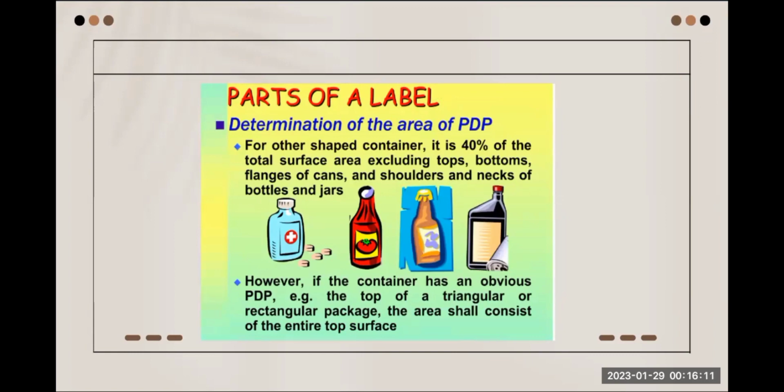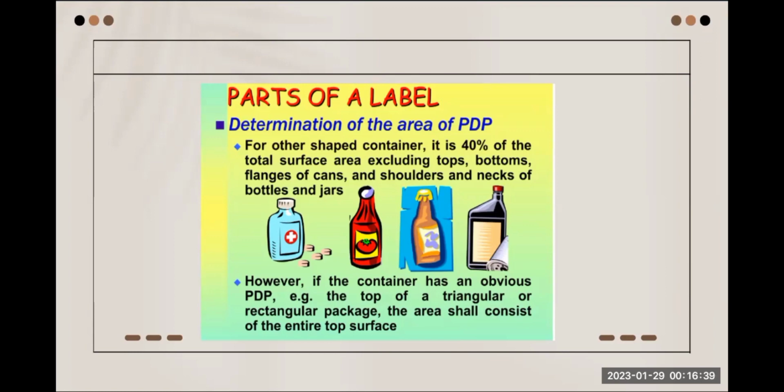For other shape container naman po, ganun din po, it is 40% of the total surface area, including tops, bottoms, flange of cans, and shoulders, and necks of bottles and jar. Ito po, sa example po, sa other shape naman po ng container, ganun pa rin po. 40% pa rin po yung total surface area, kasama na po yung top, bottoms, and shoulder, and necks of the bottle and jar.